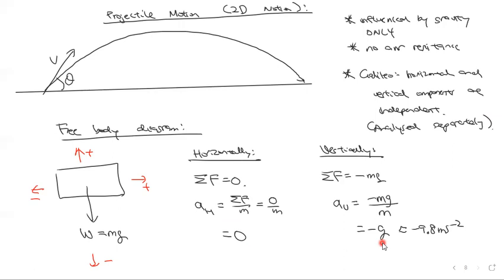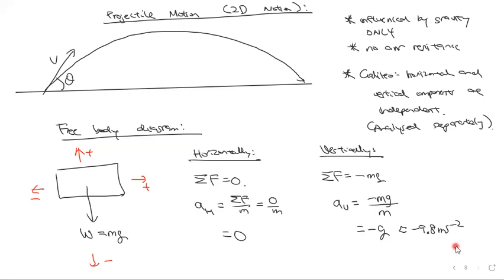Is this acceleration horizontally constant? Yep. Is the acceleration vertically constant? No. Well, what is the acceleration equal to? Oh, okay. Yeah, it would be constant. Never mind. It's negative 9.8, right?